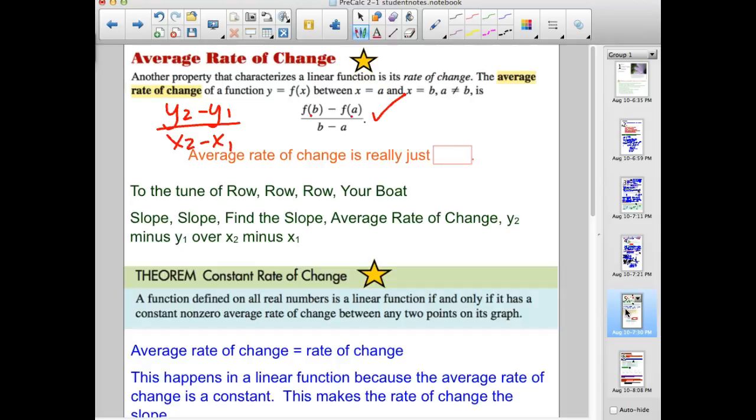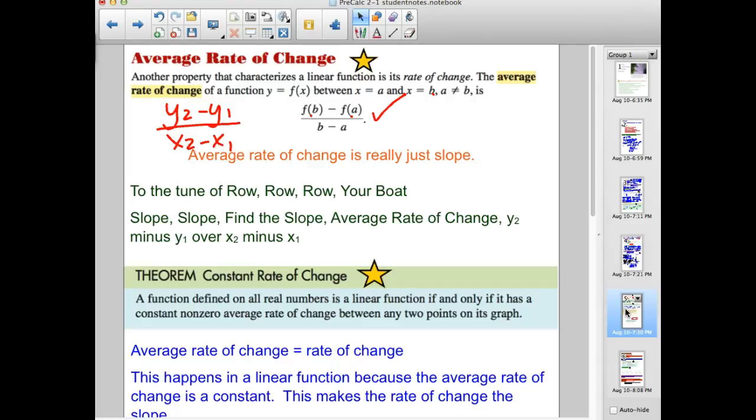So the average rate of change for our function f of x between a and b is given by that formula. Again, it's the same thing you've been working with. Typically, we think of average rate of change as our slope.